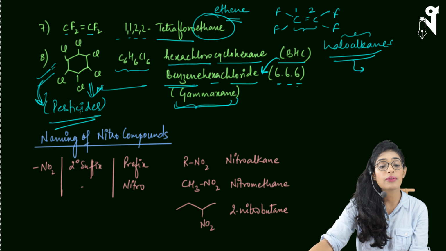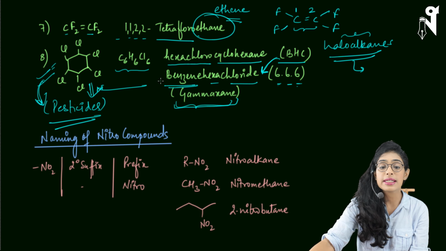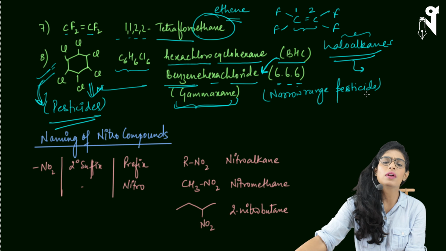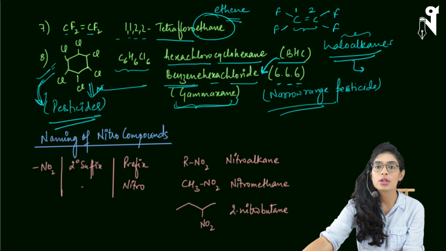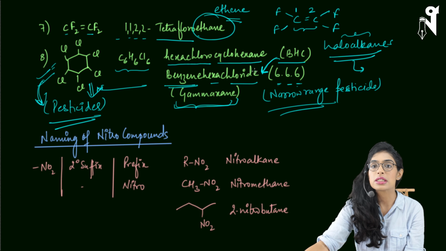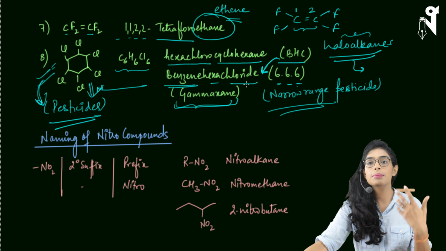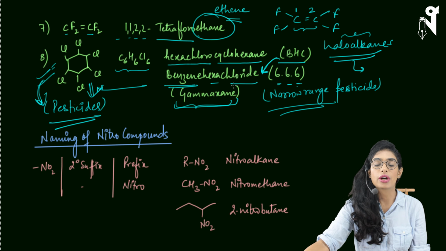When you talk about benzene hexachloride, this is a narrow range pesticide. Okay, we will not go deeper into it because we don't have to study BHC's behavior and performance in terms of pesticides. But this is just to tell you that these are the compounds which are used as pesticides.